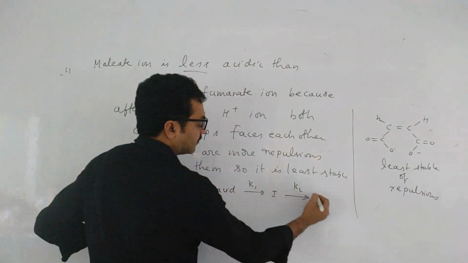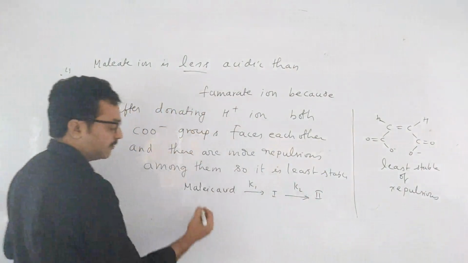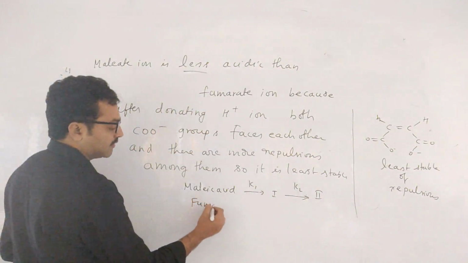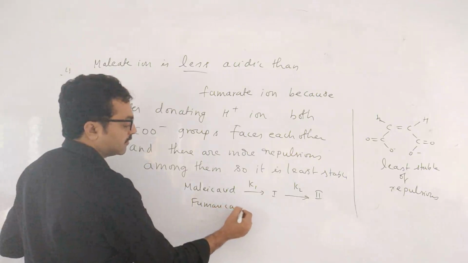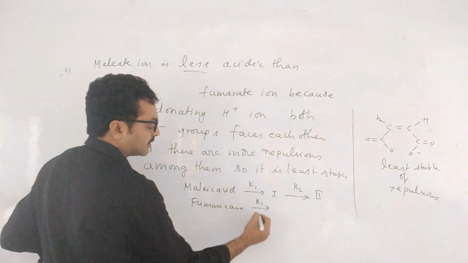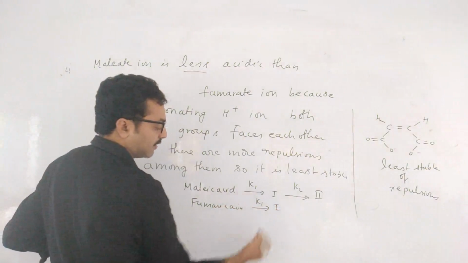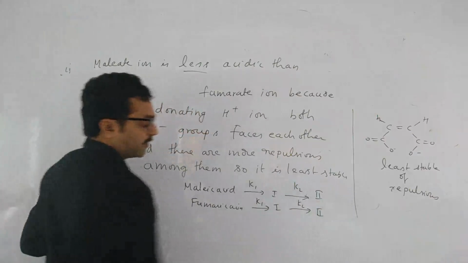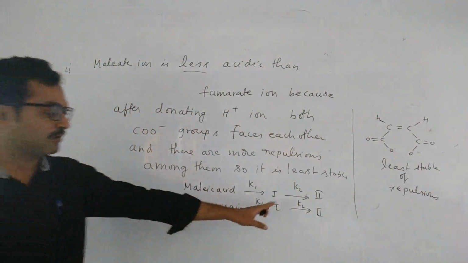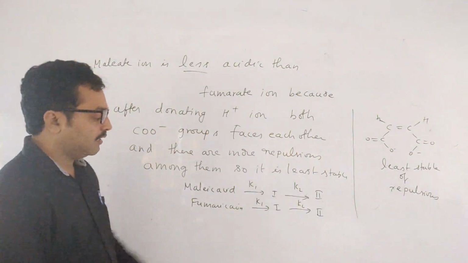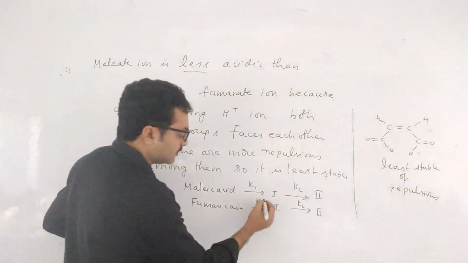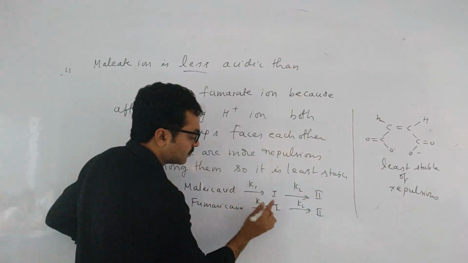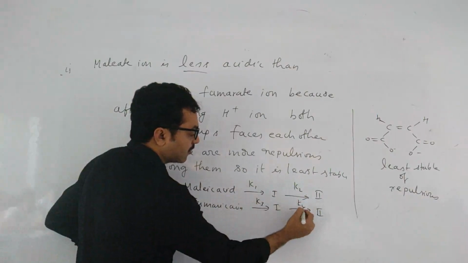After that, again K2, compound 2 will be there. Whereas fumaric acid, after giving H plus ion, one product will be there, and again K2 will give the second product. In these two cases, you can call them K1, K2 and K3, K4.